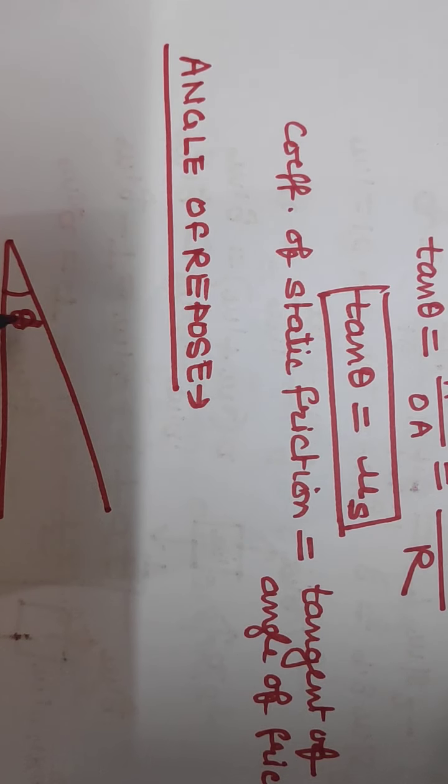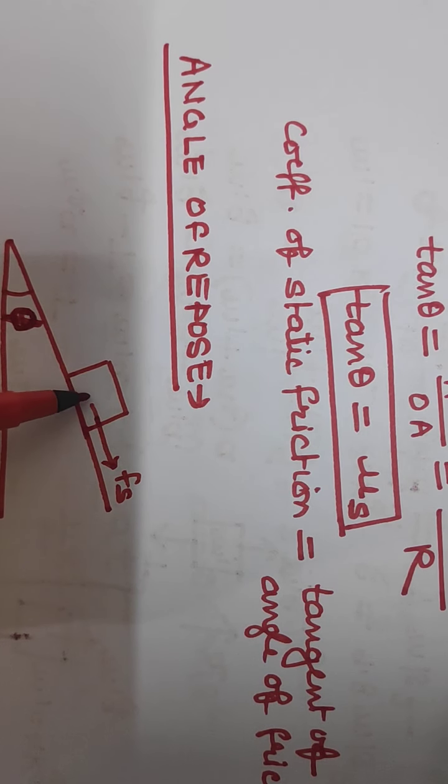Theta we have taken already, so we write it phi. Now when an object is placed here and just begins to slide, it will slide in the downward direction. So the force of friction will act in this direction. The weight of the object always acts vertically downward. Weight is not normal to the surface, weight is actually vertically downward.